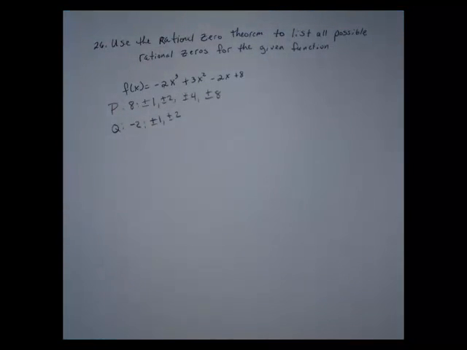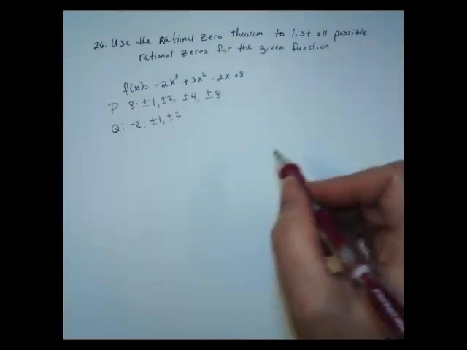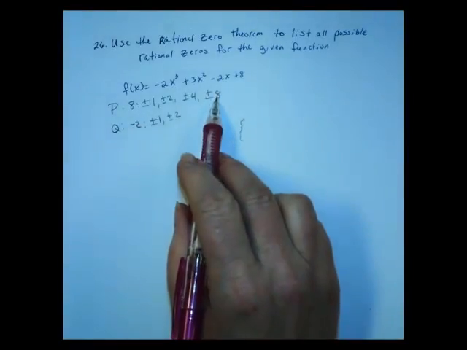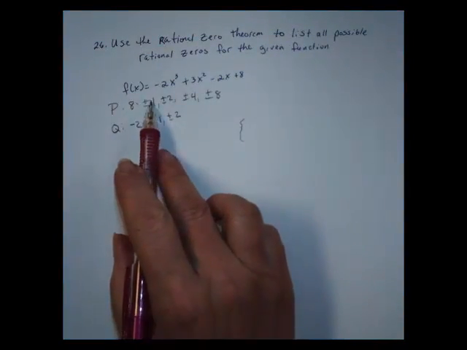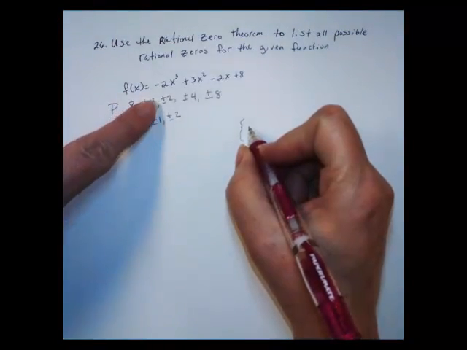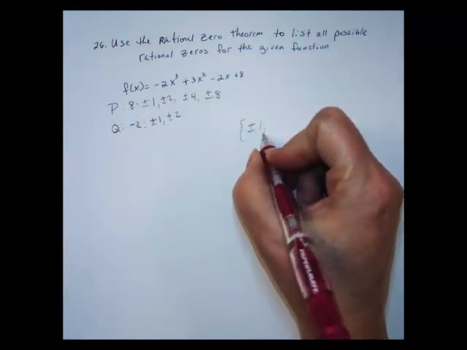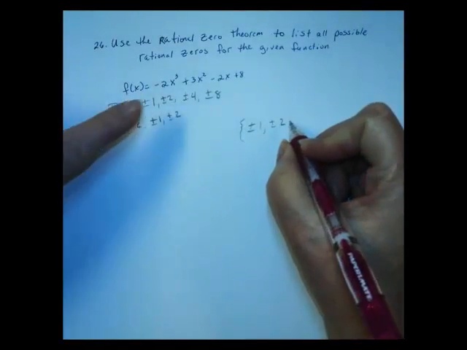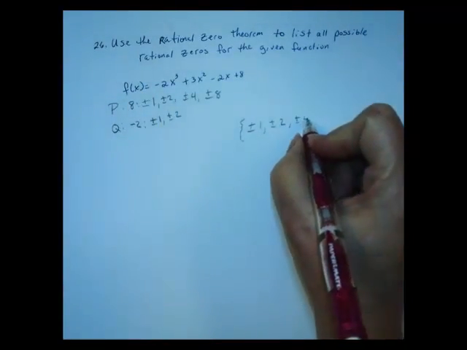Now to find our possible zeros, list all the possible zeros, we are going to take all of the numbers up here and put them over 1, and then all the numbers here and put them over 2. So we are going to get 1 over 1 will get us plus or minus 1. 2 over 1 would get us plus or minus 2. 4 over 1 is plus or minus 4.